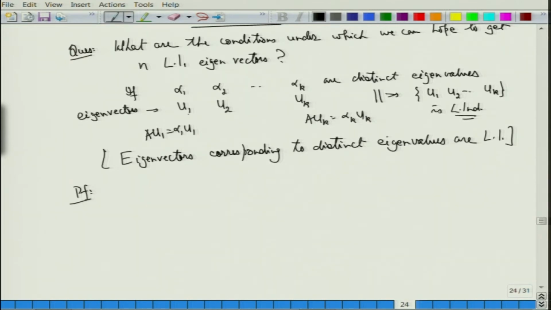If I want to prove that this is linearly independent, I am supposed to form a system of equations.